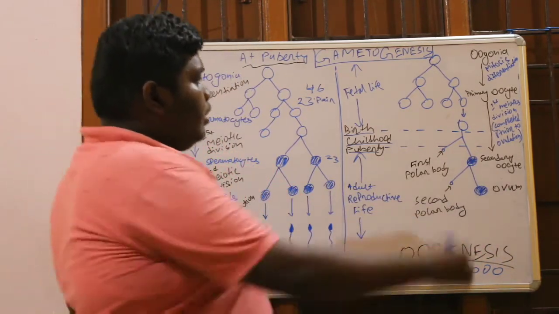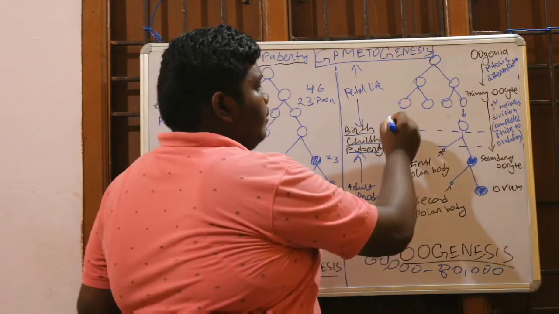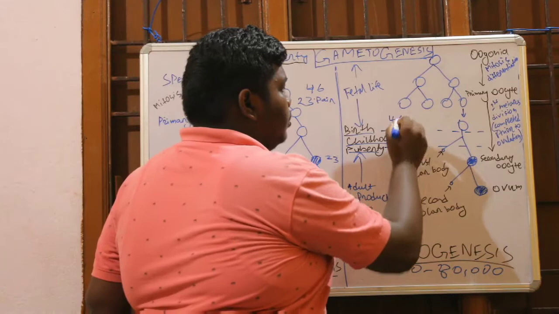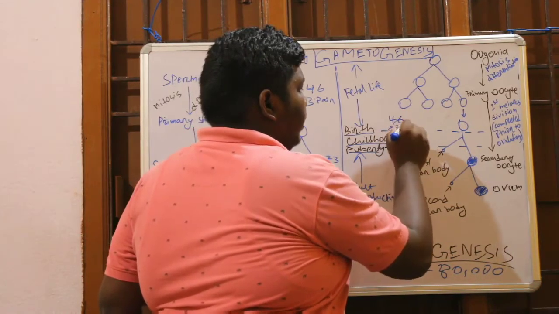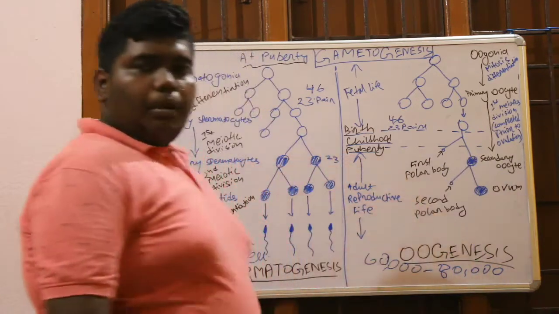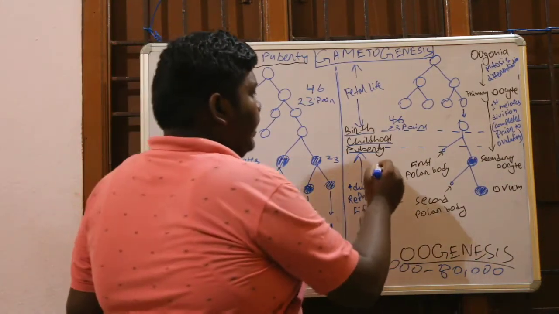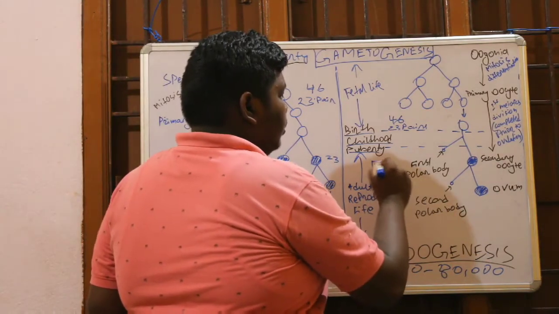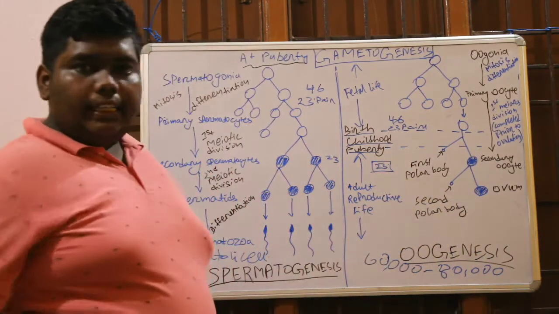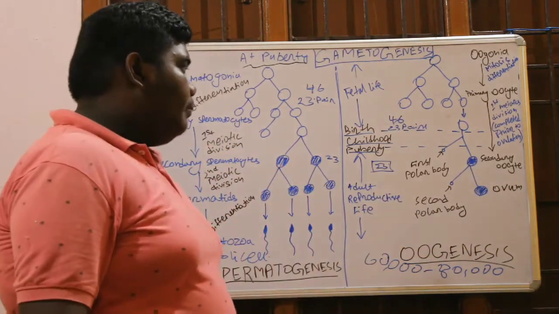Until the primary oocytes, there are 46 chromosomes, or 23 pairs of chromosomes. After the formation of the secondary oocyte, they have only 23 chromosomes. That is, this is also haploid.